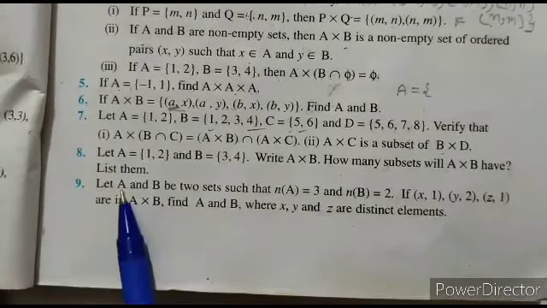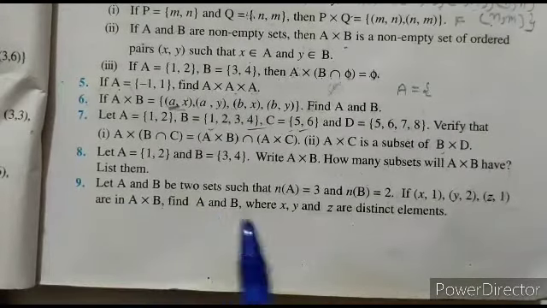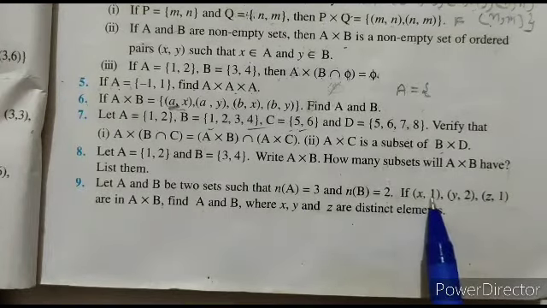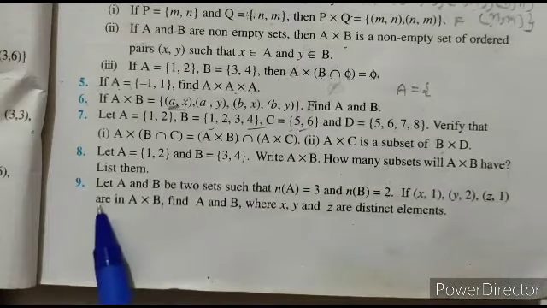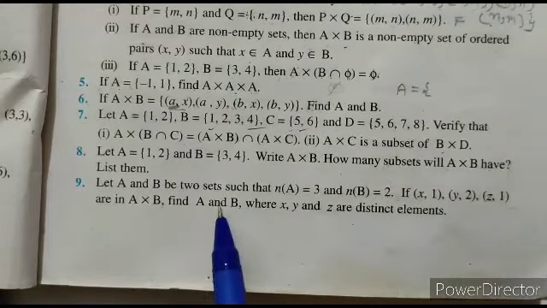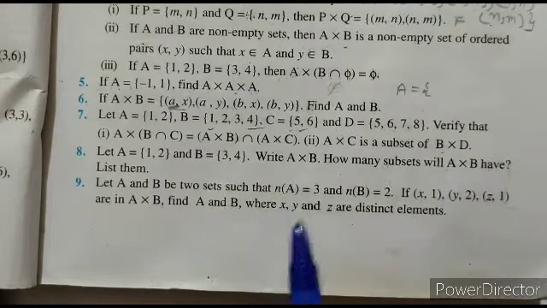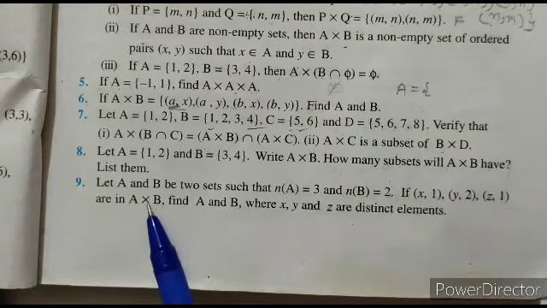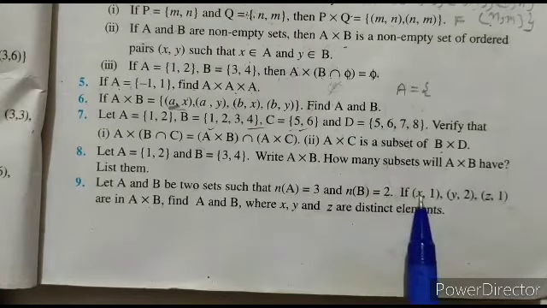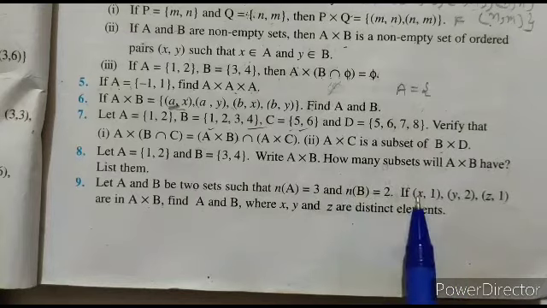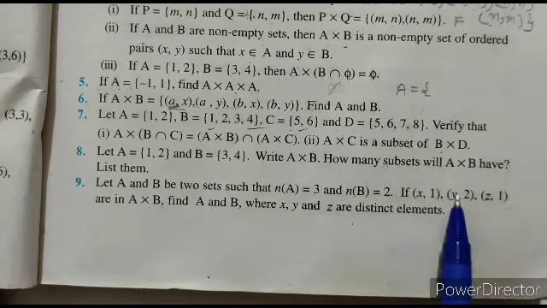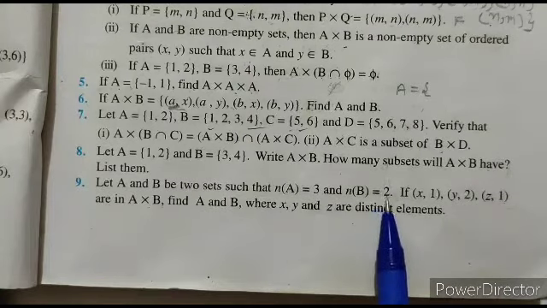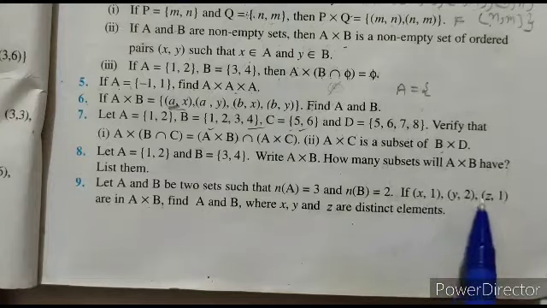Now in question number 9, A and B are two sets such that n(A) equals 3 and n(B) equals 2. If (x, 1), (y, 2) and (z, 1) are in A cross B, find A and B. As we see here, A has 3 elements and A cross B is the set of ordered pairs with first elements from set A and second from set B. So the first elements, that is x, y and z, will be the elements of set A. The set A will have elements x, y and z.